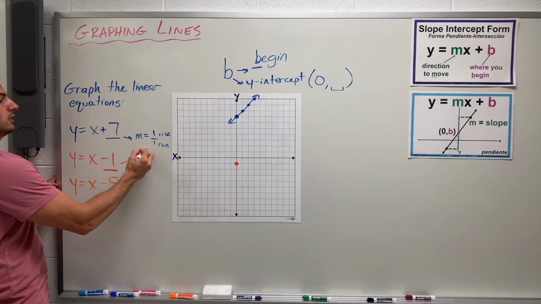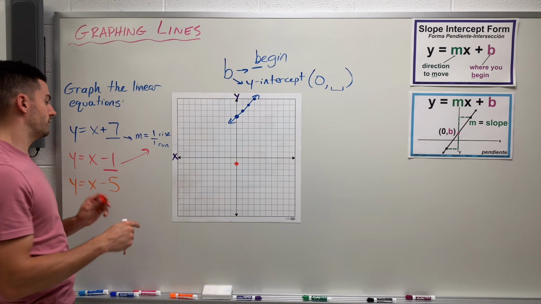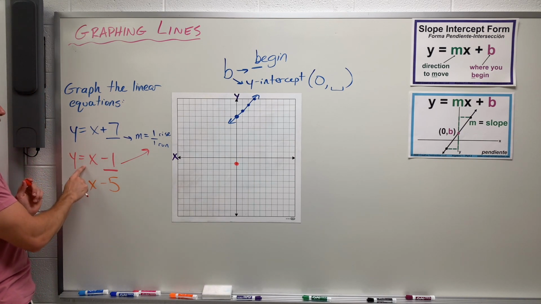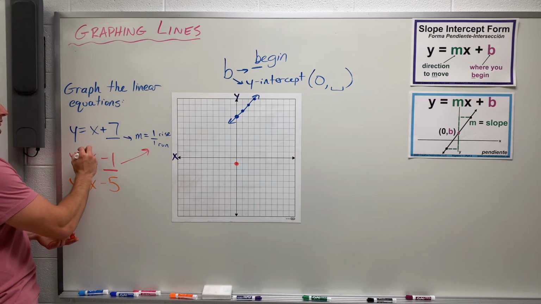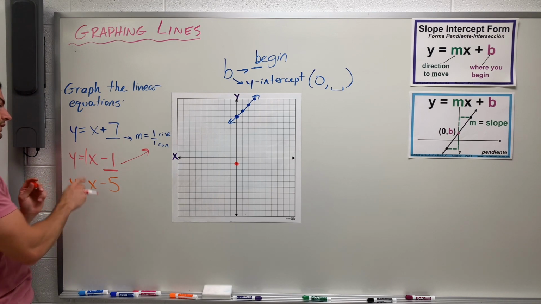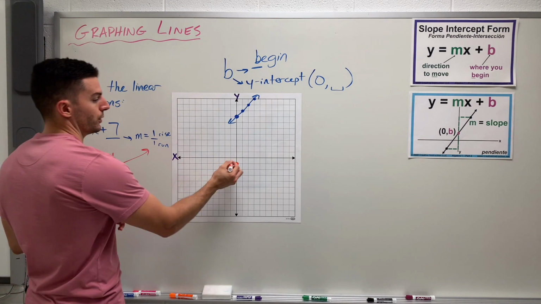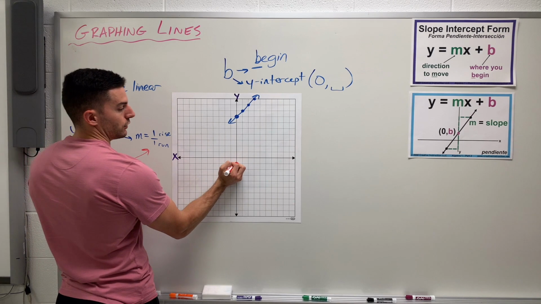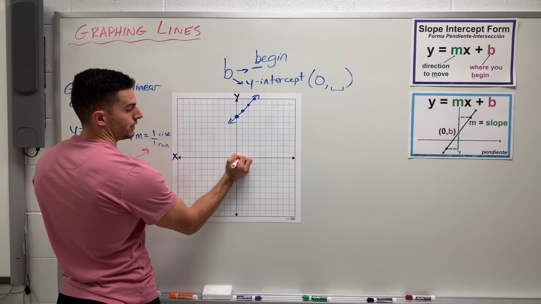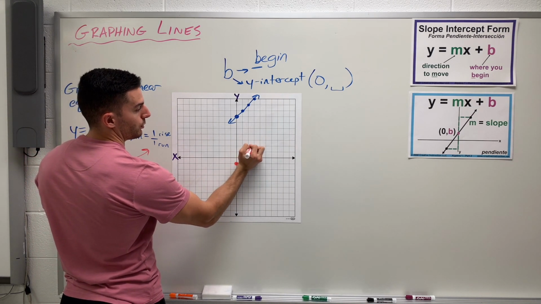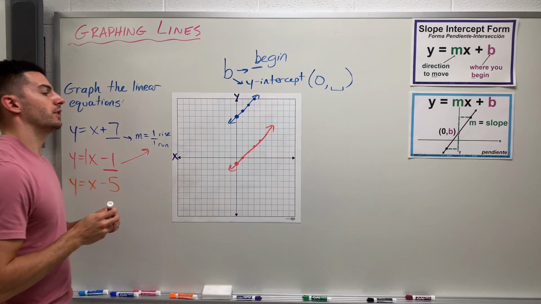But then again, my slope is also 1 over 1 for this one. I could write 1x minus 1, but they don't show that usually. So 1 over 1 is my rise over run here. So I go up 1, right 1, up 1, right 1, and so on. So there we go.